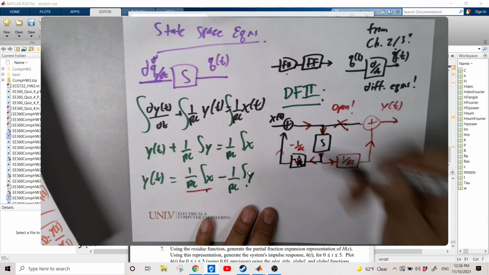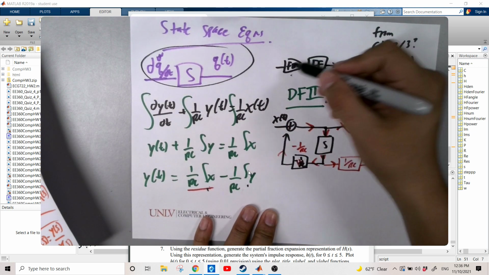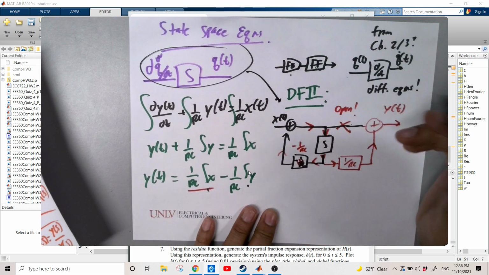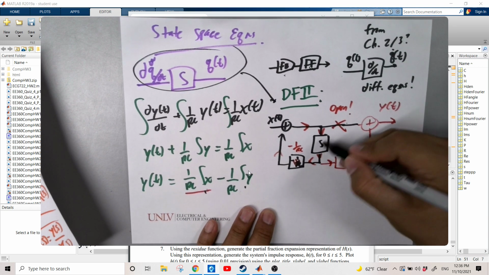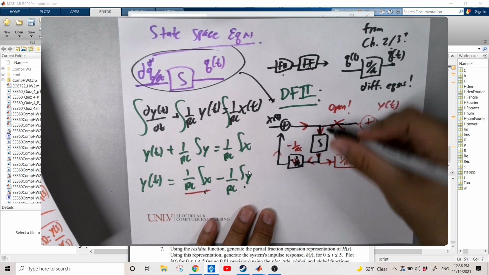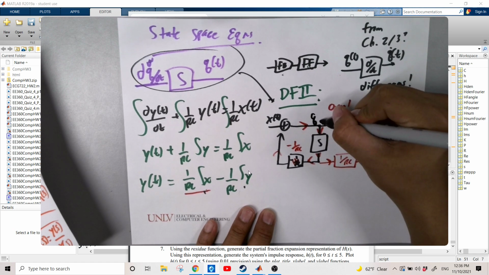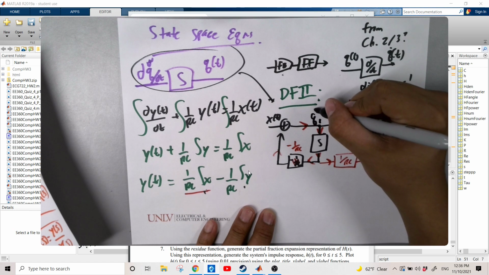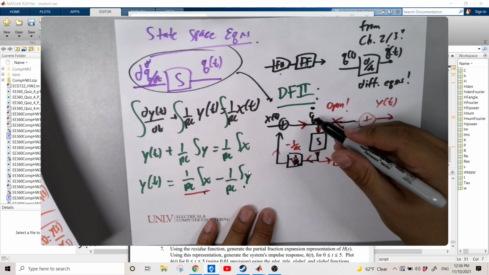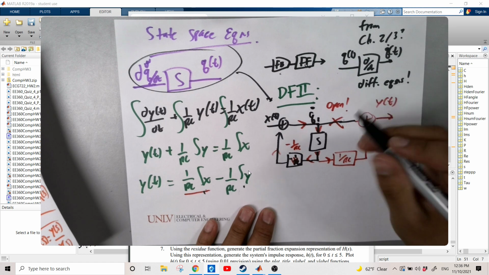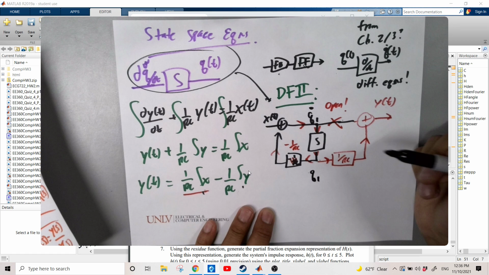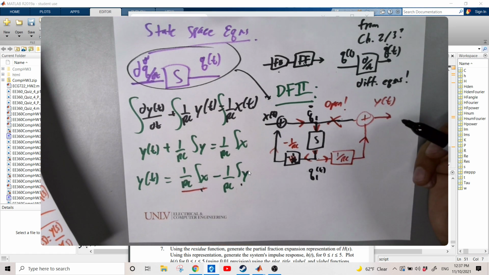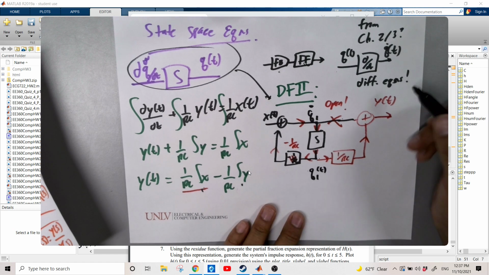If we're gonna try and model something like this into this type of system, and look for the state space equations, all we're gonna do is look at these integrators, and whatever is at the input, we call Q1 dot, and put a dot right there. When you integrate this, what do you get at the output? Q1 of t. Cool, right? The next thing we're gonna do is just solve for your equations.